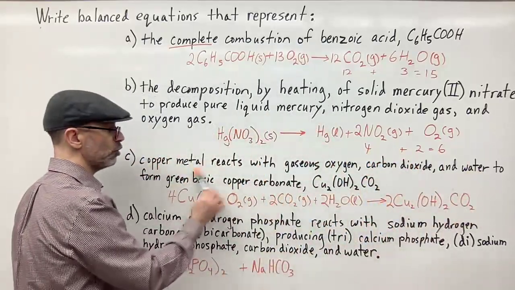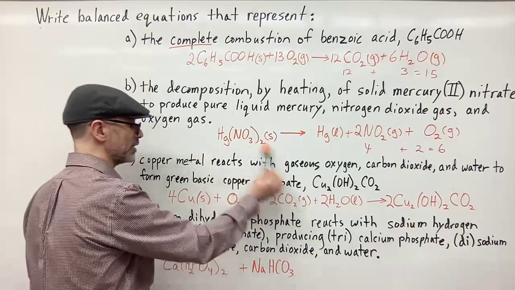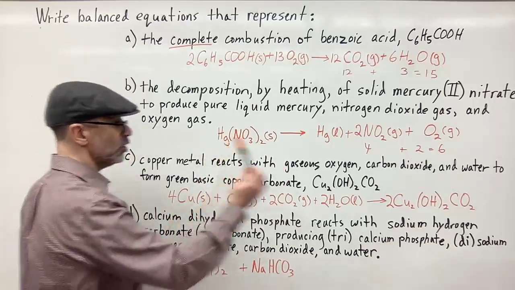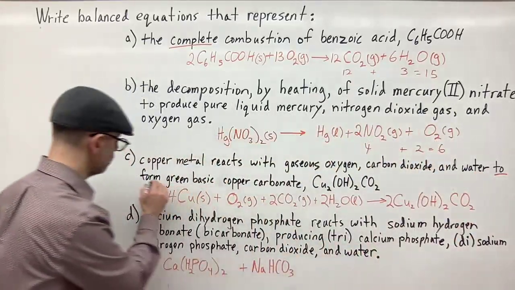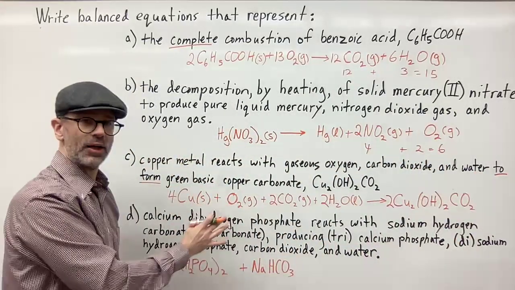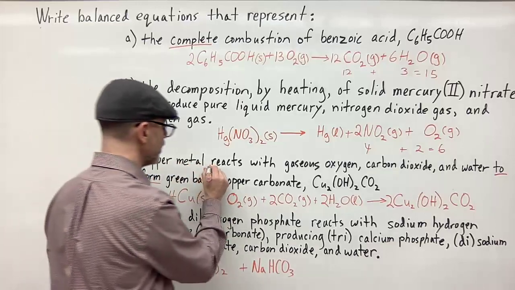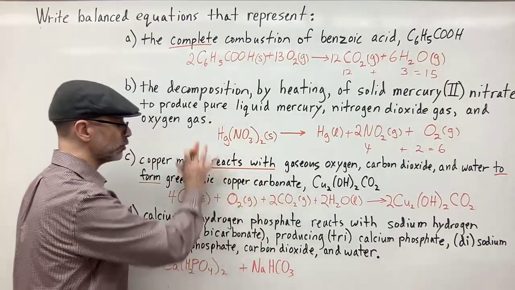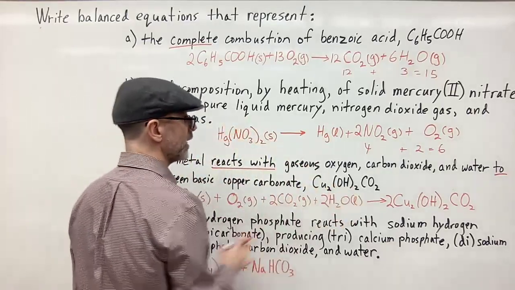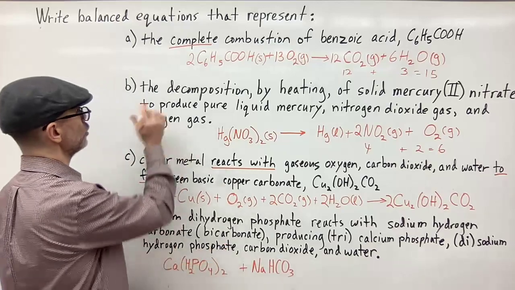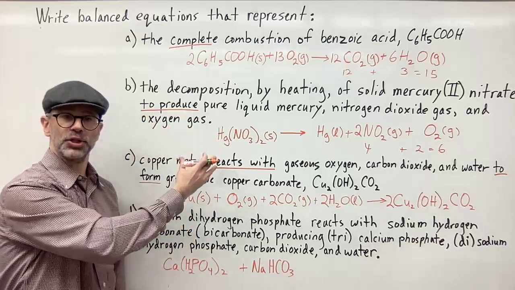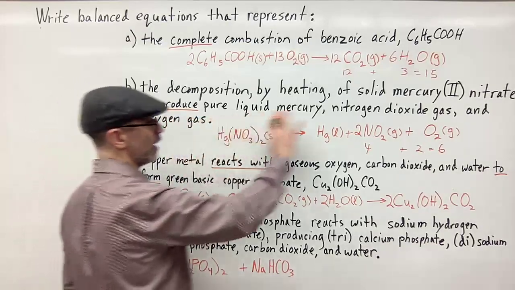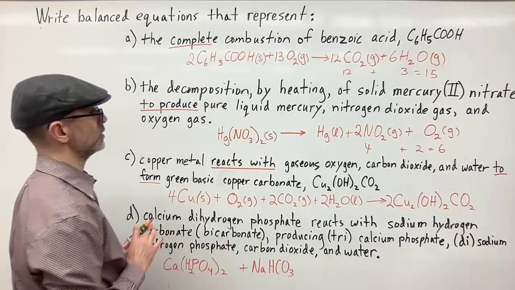I knew that those were reactants because of reacts with. And then to form means that whatever follows is product. So reacts with indicates reactants. To form indicates products. Same thing here. The word to produce indicates that whatever follows is going to be a product.